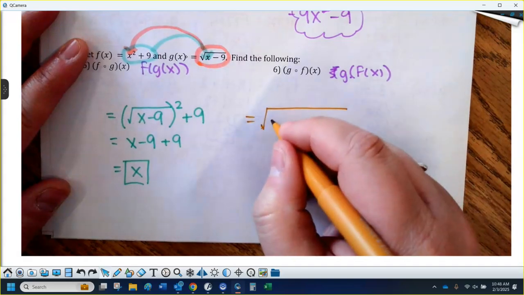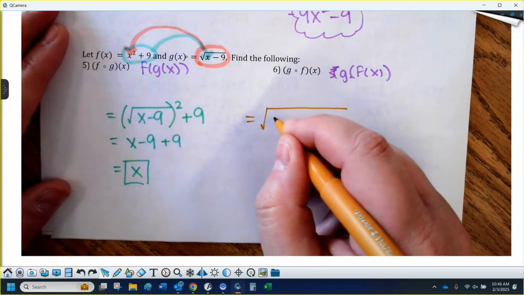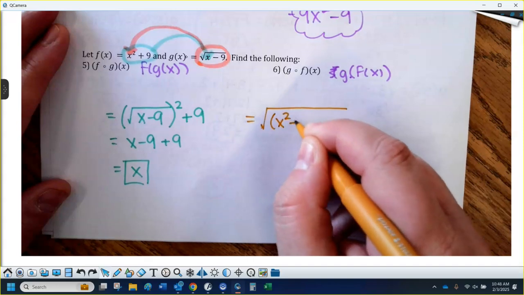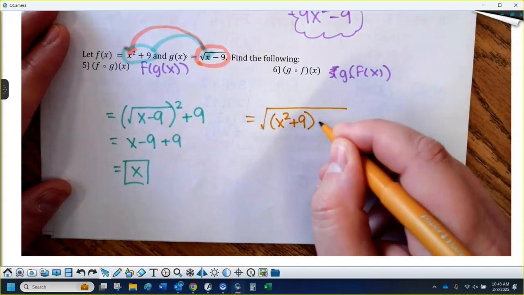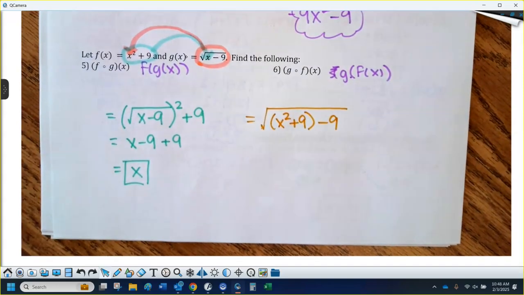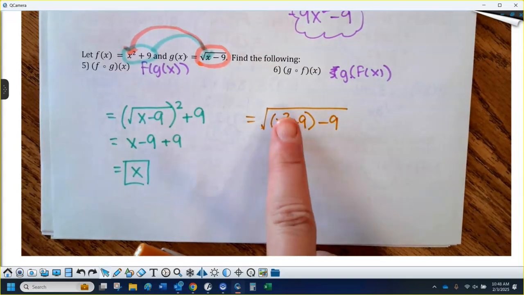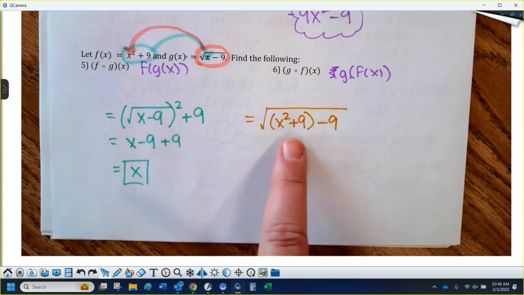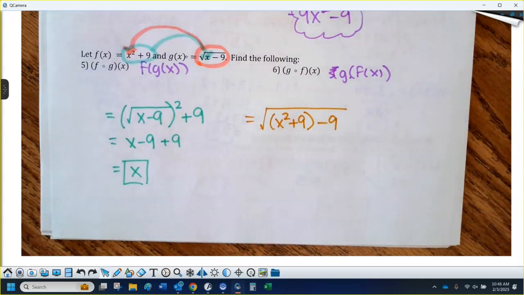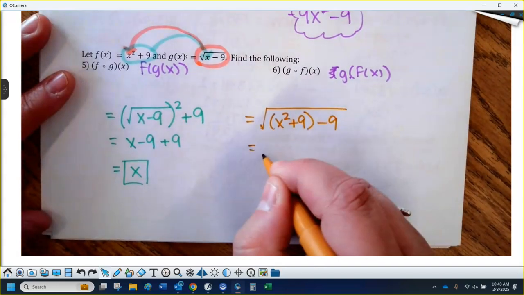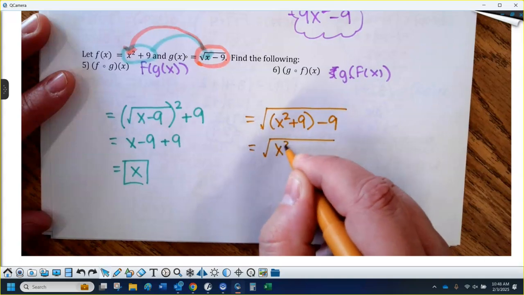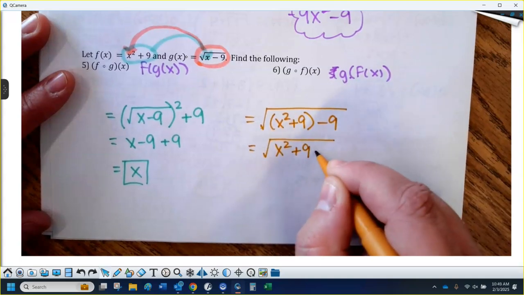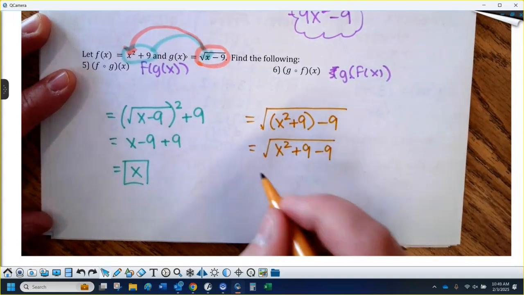So in place of x, I'm going to put x squared plus 9. And then we also had a minus 9 under the square root. So this whole thing was just to represent x, but in its place I put x squared plus 9. Now there's nothing in front of the x in that rule, so if you want to just drop the parentheses, totally legal, it would just have a 1 in front of it, so it wouldn't change anything.